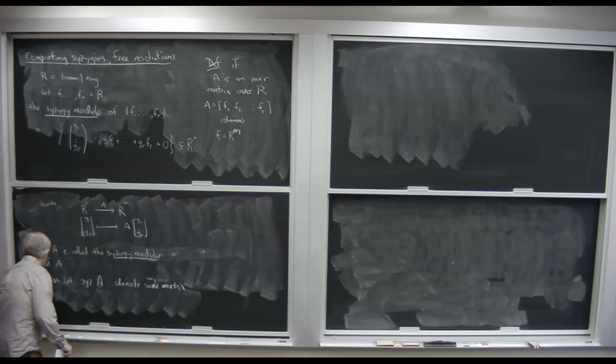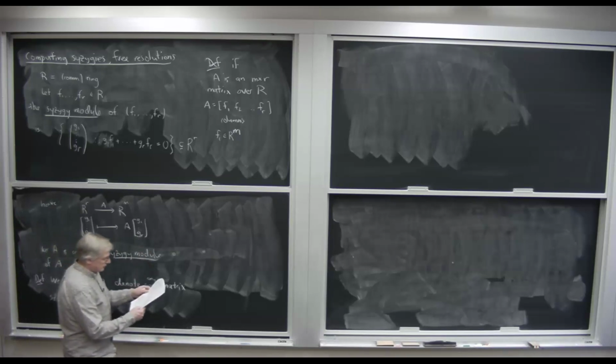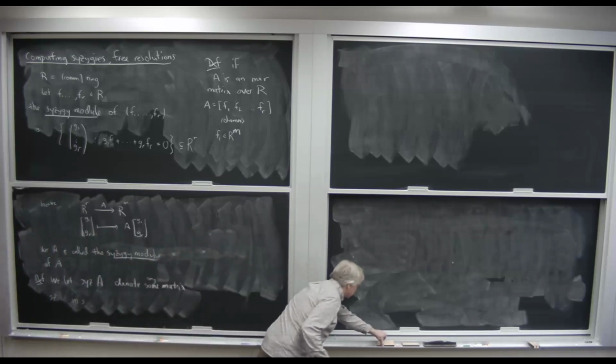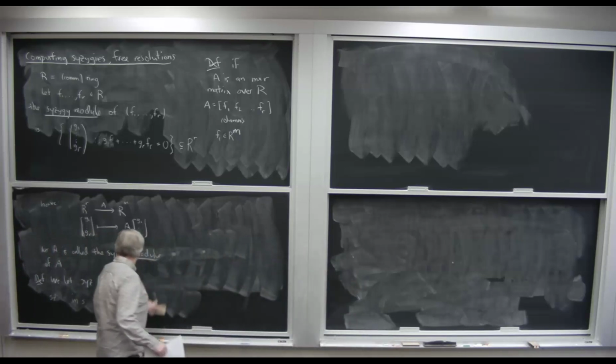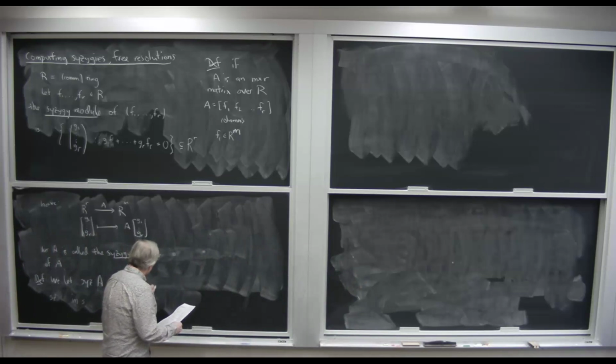Denote a matrix such that the image of Sys of A. I want to state this slightly differently. Let's do it like I have in my notes. Denote some R by P matrix.